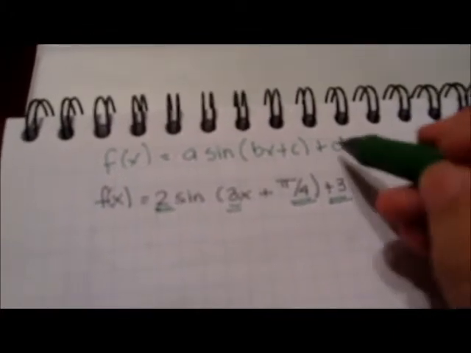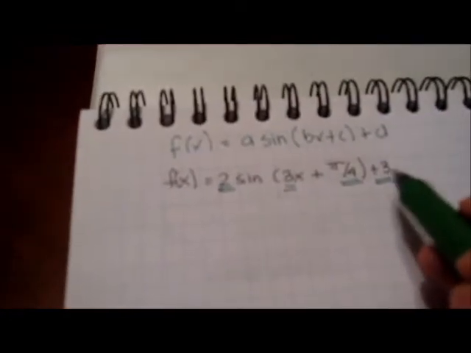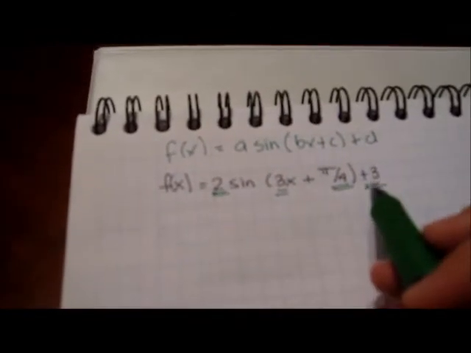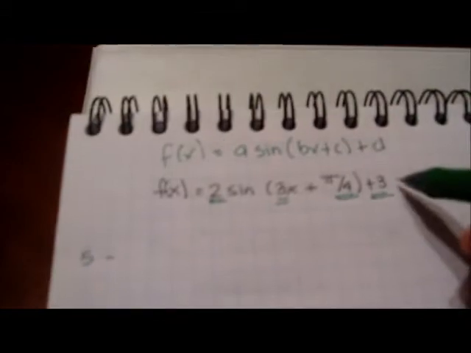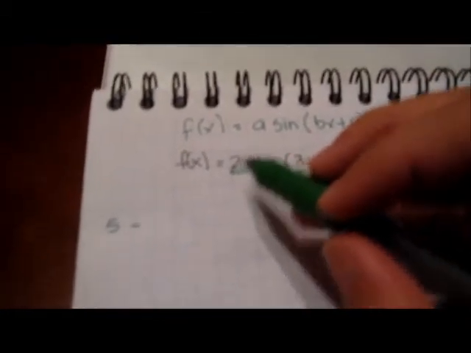With the information of the parameter of D, I just need to write here, instead of a 0, a 3. And I need to add to that 3 my amplitude. So 3 plus 2 is 5, and this is going to be my highest point. And 3 minus 2 is going to give me my lowest point. 3 minus 2 equals 1.